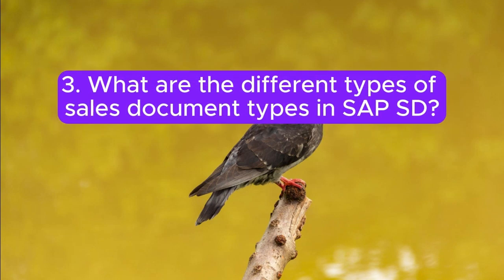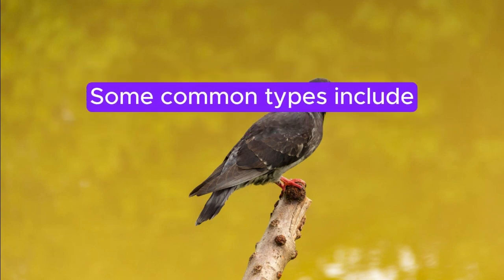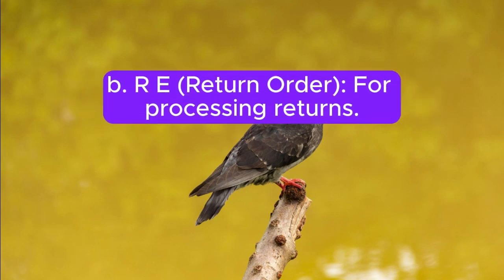3. What are the different types of sales document types in SAP SD? Answer. Sales document types in SAP SD are used to categorize different types of sales transactions. Some common types include: A. OR, standard order, a regular sales order. B. RE, return order, for processing returns.